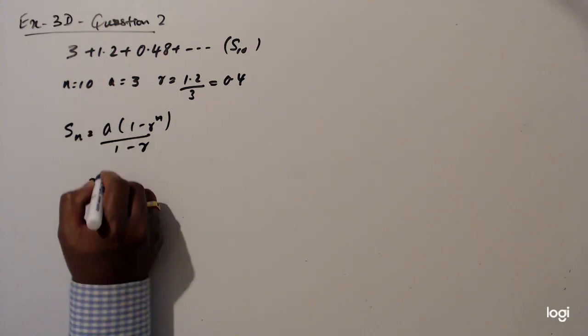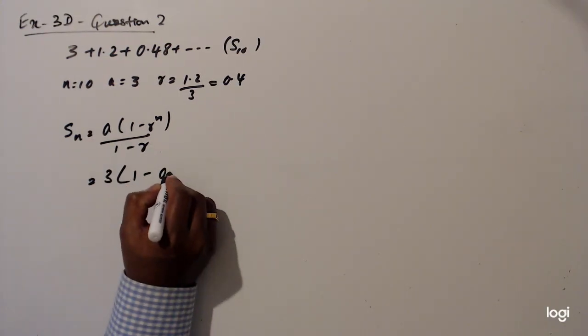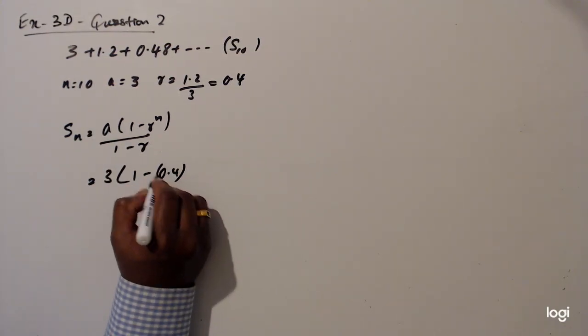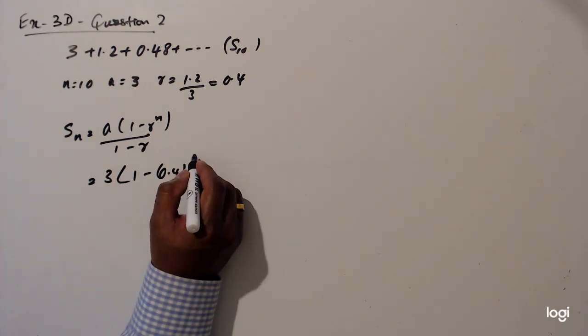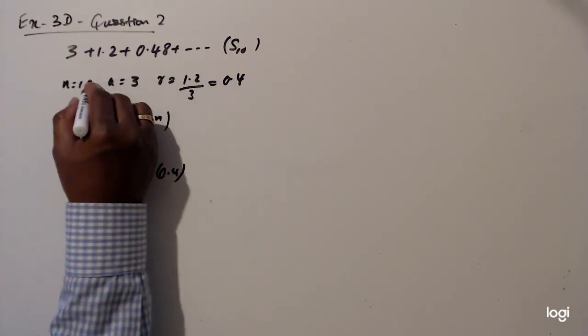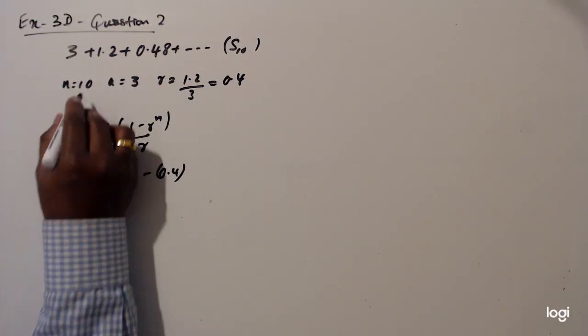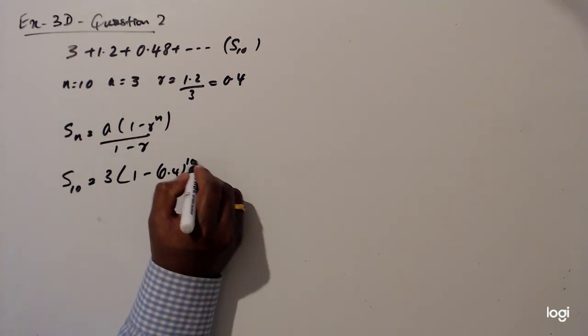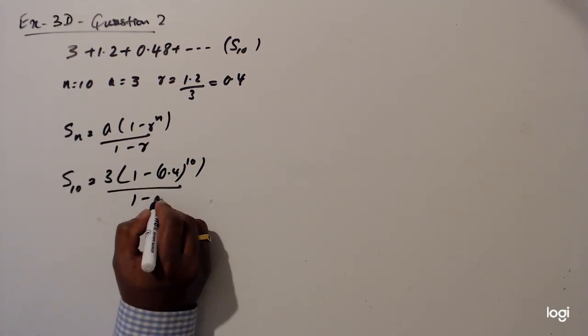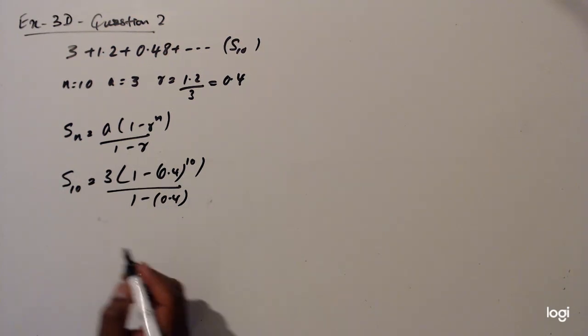So A value is 3 and 1 minus 0.4 to the power 10, divided by 1 minus 0.4.